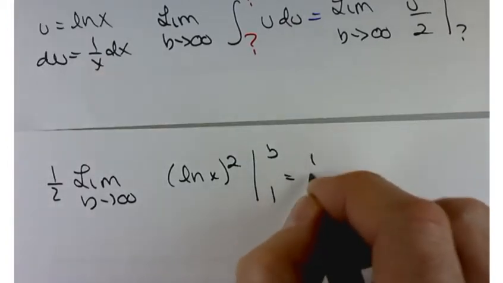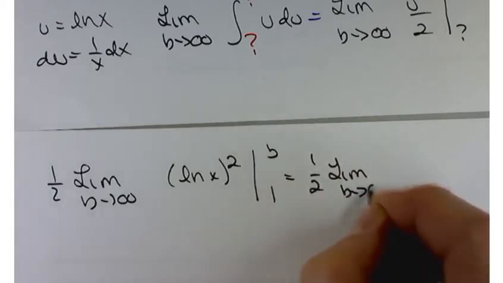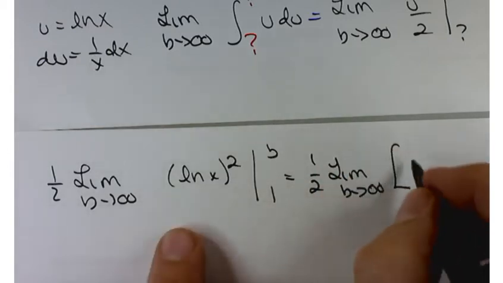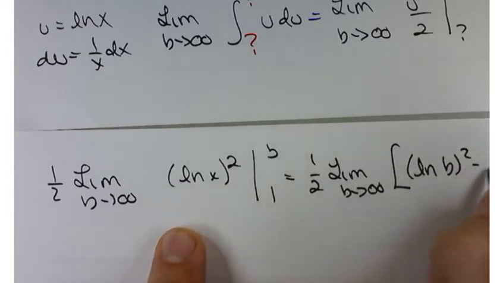Or better yet, 1/2 times the limit as b approaches infinity of the ln of b squared minus the ln of 1 squared.